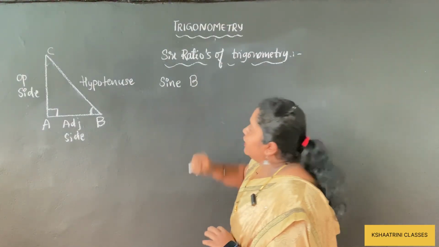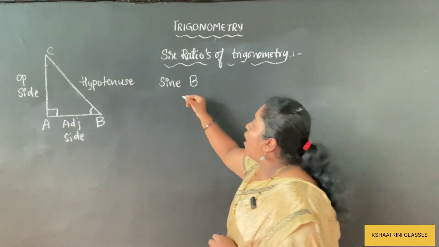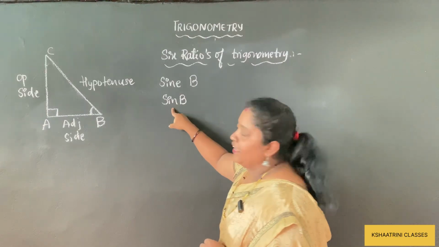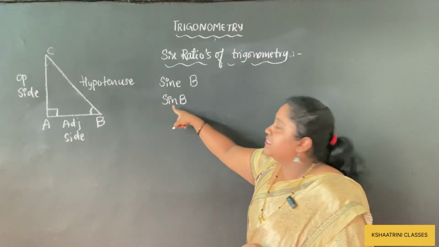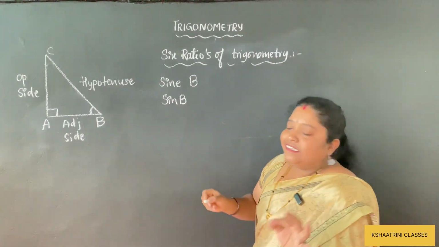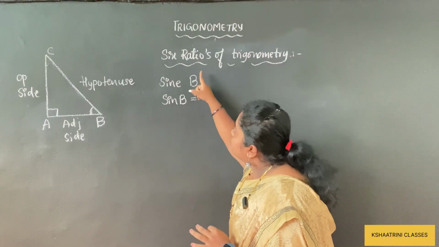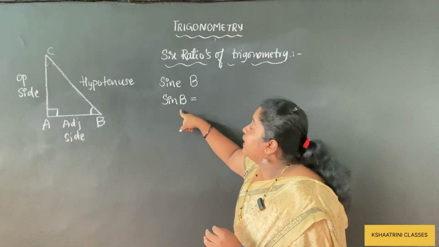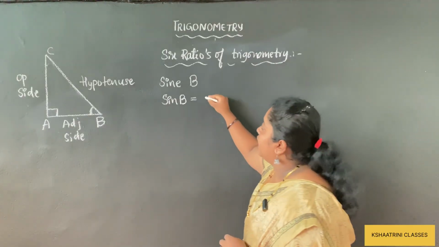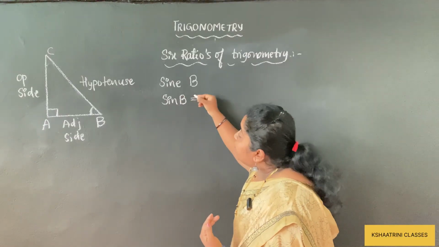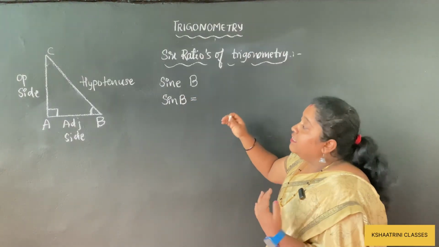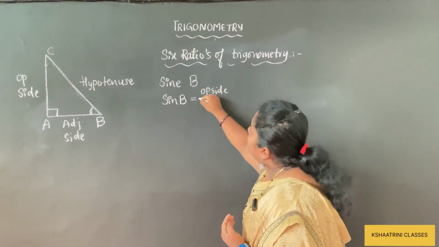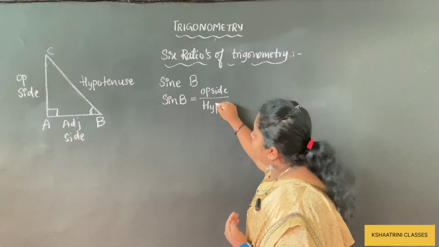The first trigonometric ratio with respect to angle B that I am going to write is sin B. In the short form, sin can be written as SIN. Sin B is defined as the ratio of opposite side divided by hypotenuse.